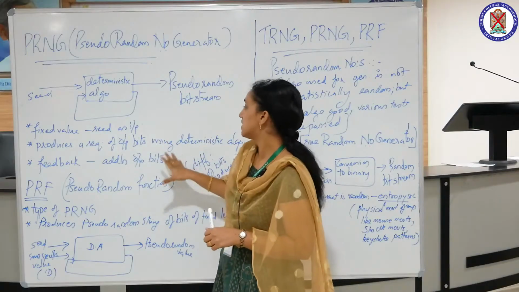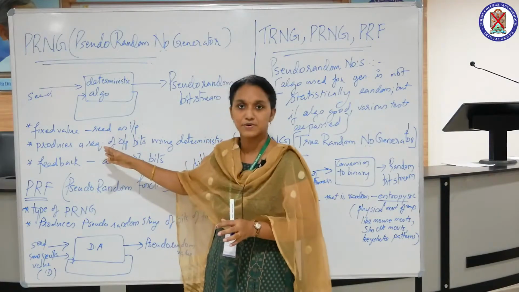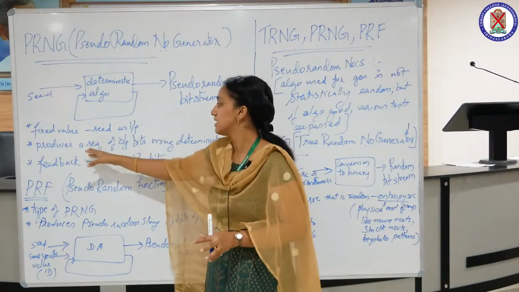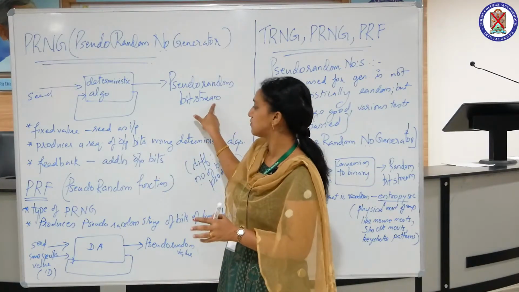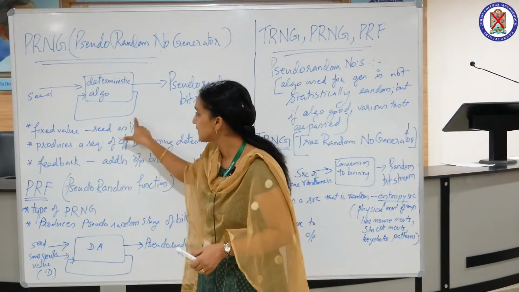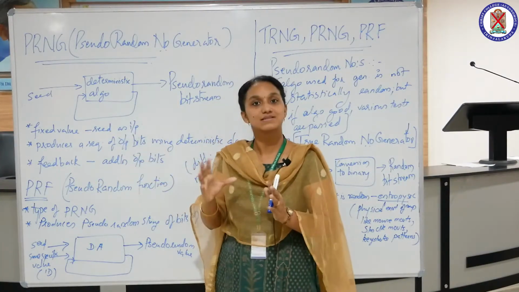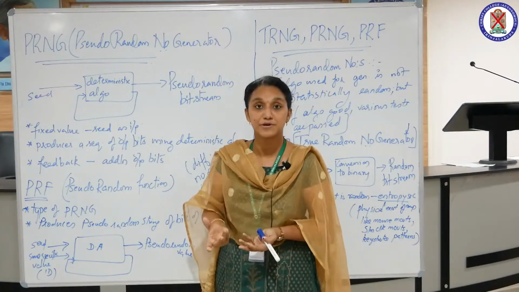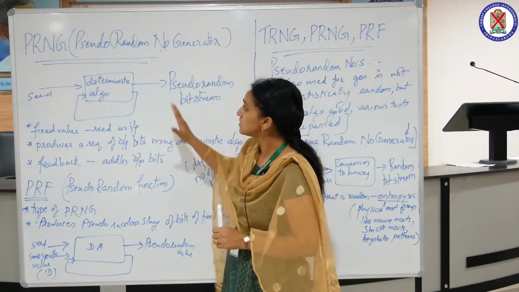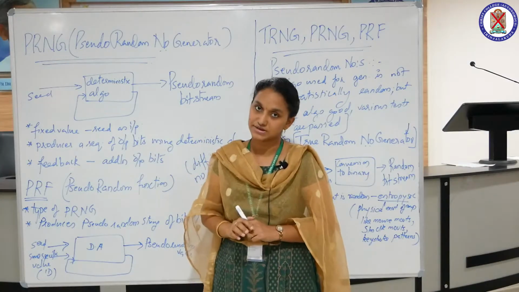I have just written the main points. A fixed value, the seed, is taken as the input and produces a sequence of output bits using the deterministic algorithm, and this feedback arrow shows that some additional output bits can be produced using the results of the same algorithm. Clear? So this is the pseudo random number generator.